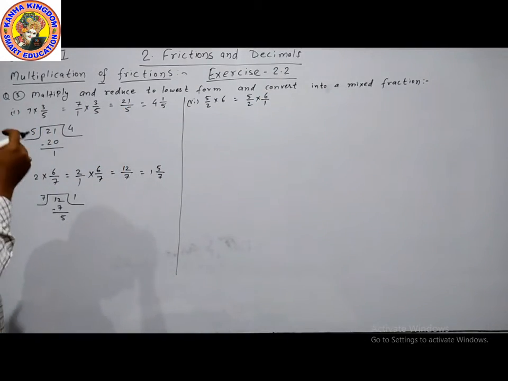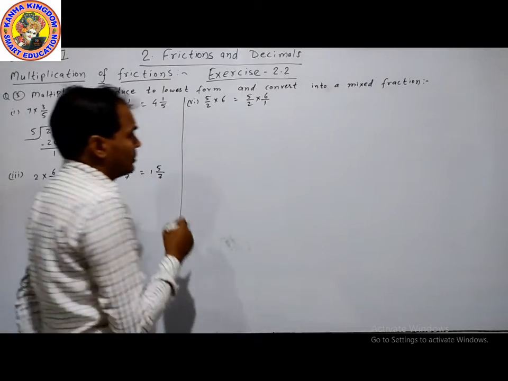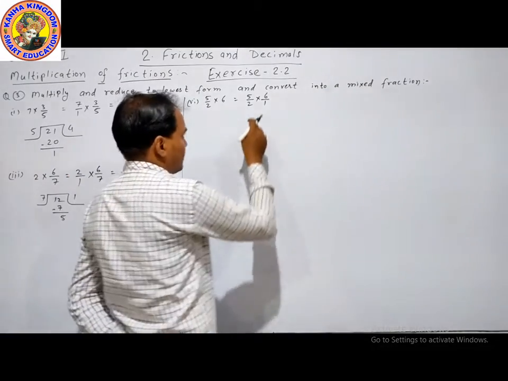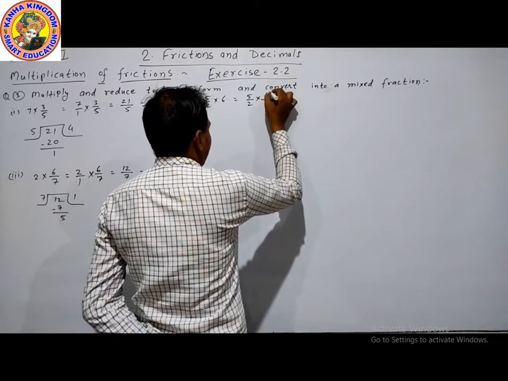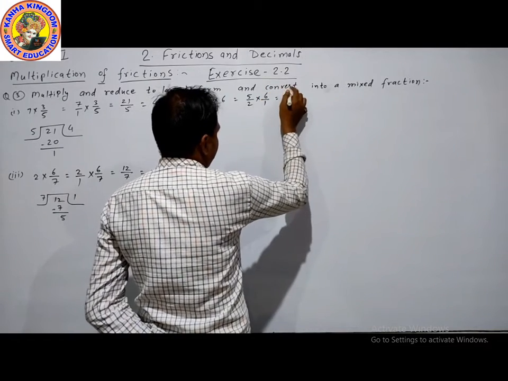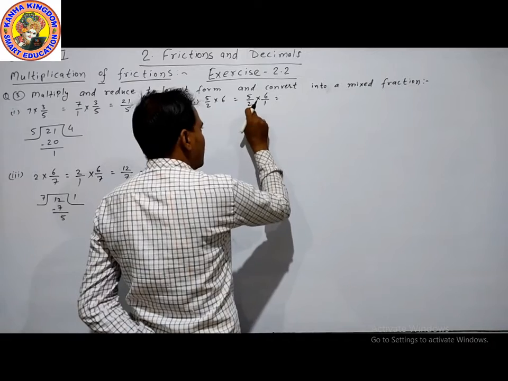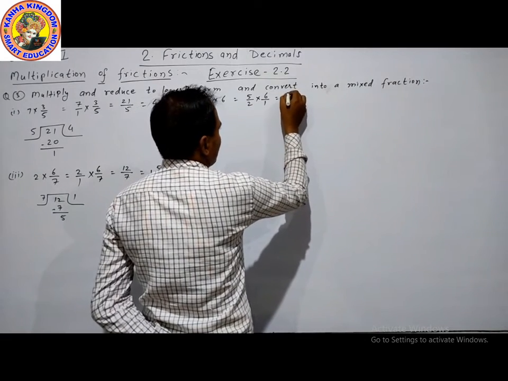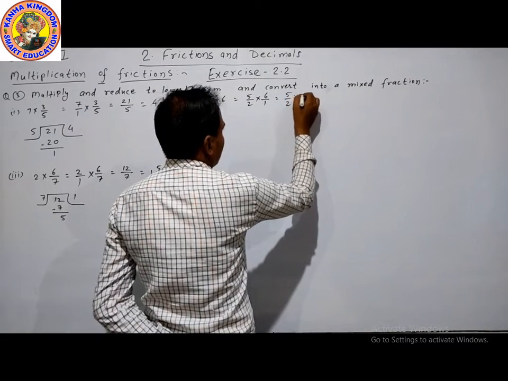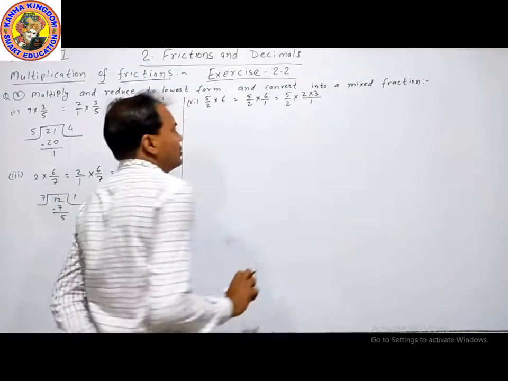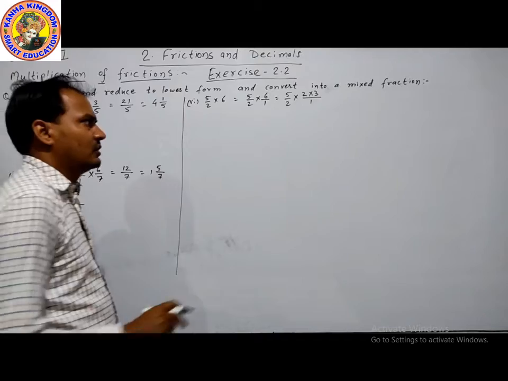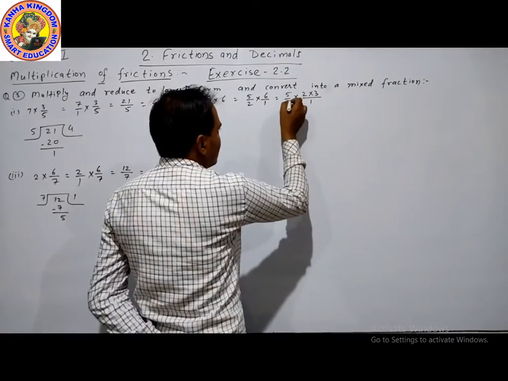There are two methods to convert this type of question. We can factor 6 in terms of 2. 2 is the denominator part, so we can write 6 as 2 into 3.